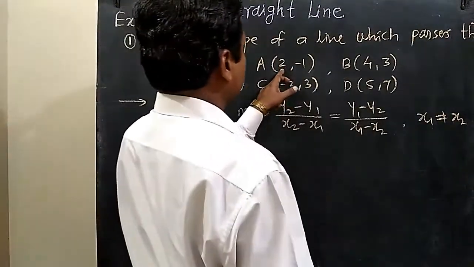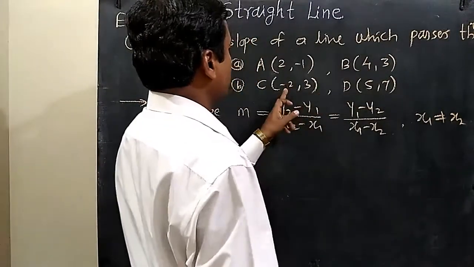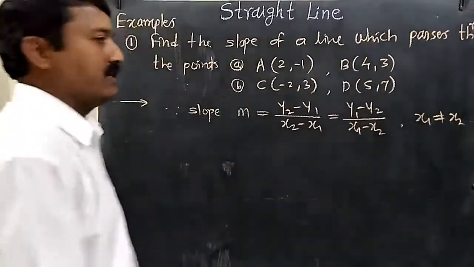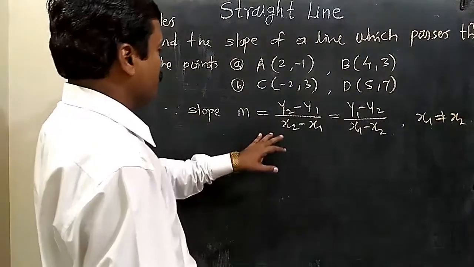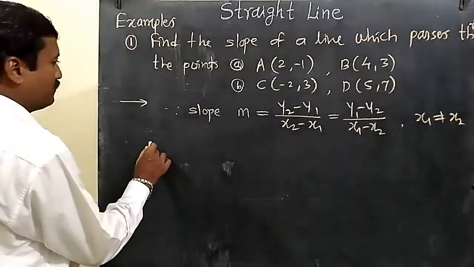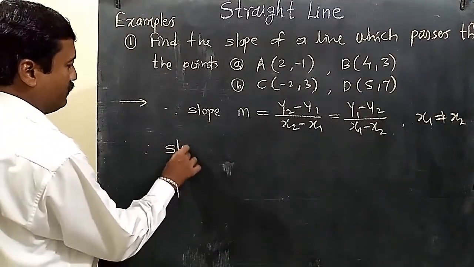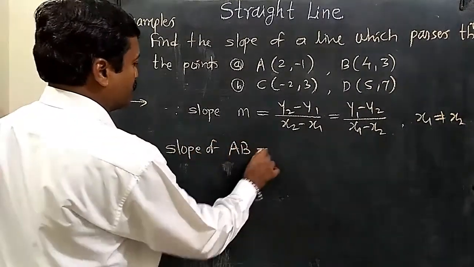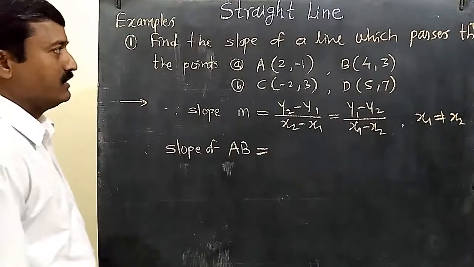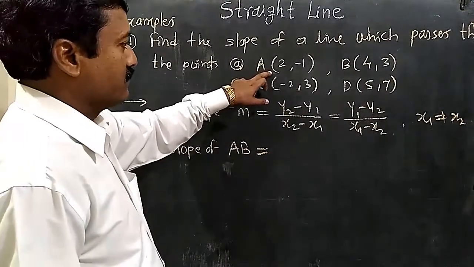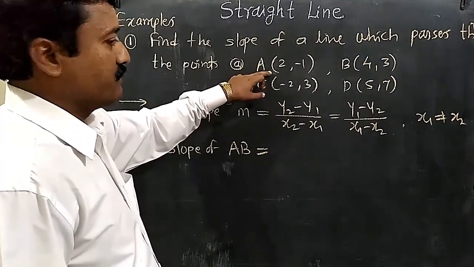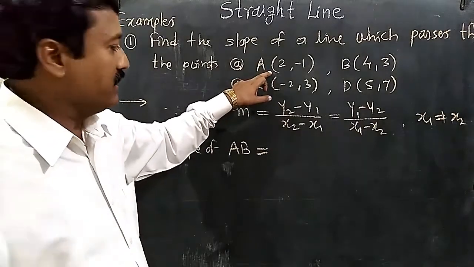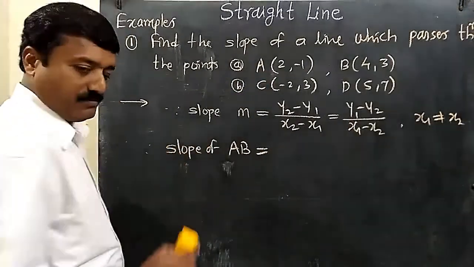Here x1 is 2, x2 is 4, and for the other, -2 and 5, so x1 and x2 are different, so we can use this formula. Therefore here the slope of line AB, we will consider this point A as x1, y1.